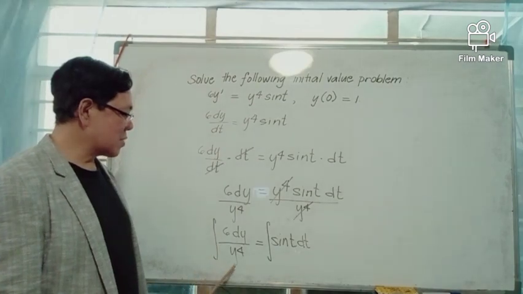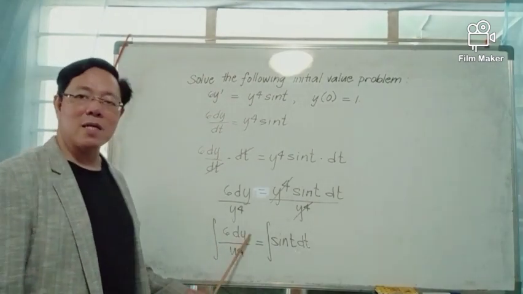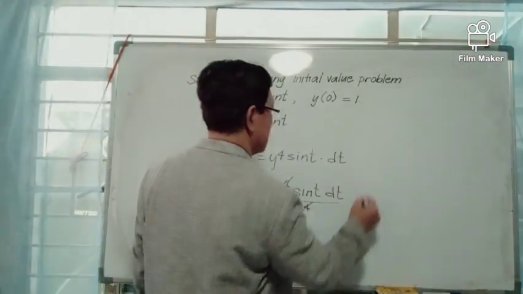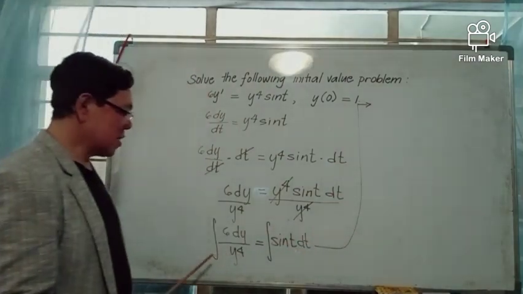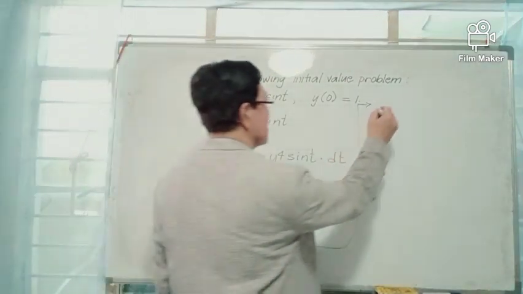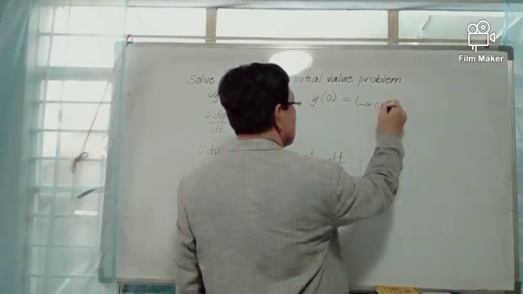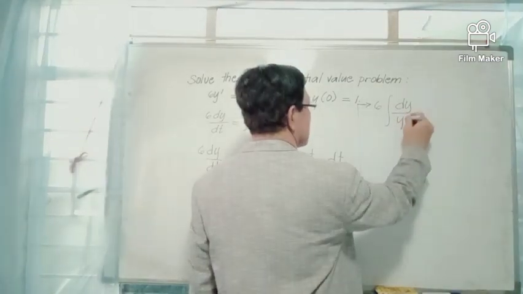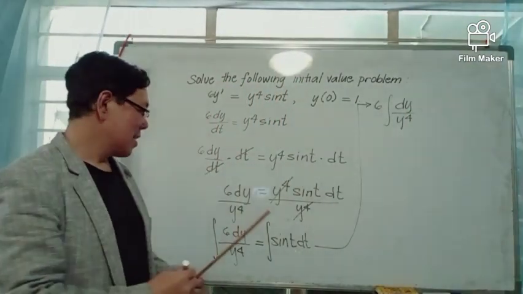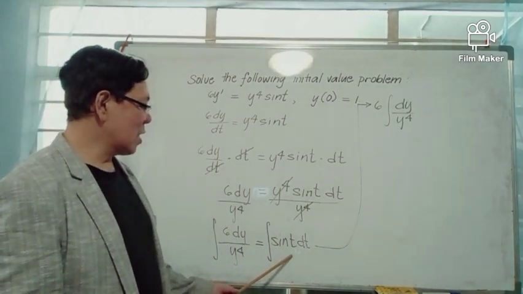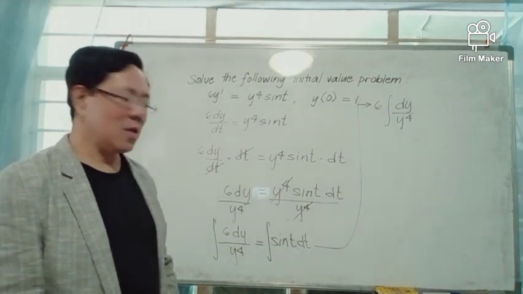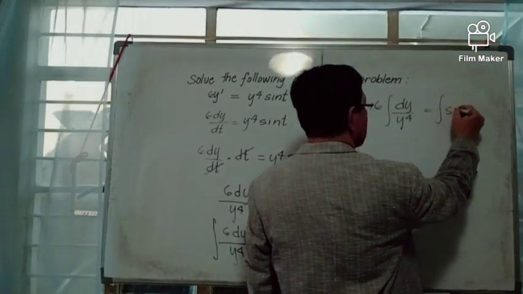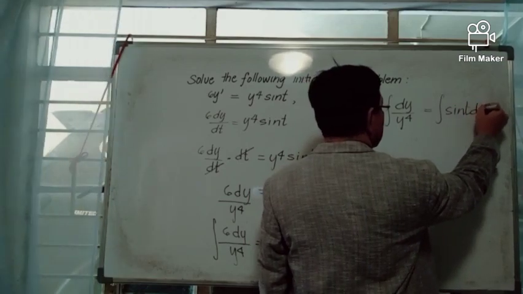Hence, we can write the first term as 6 multiplied by the integral of dy over y raised to 4, which is equal to the integral of sine t with respect to t.